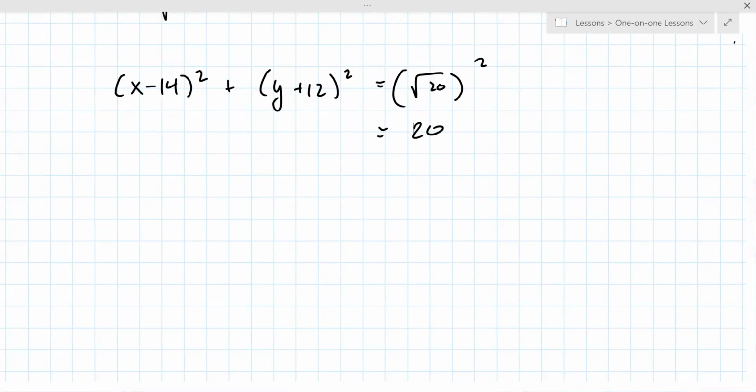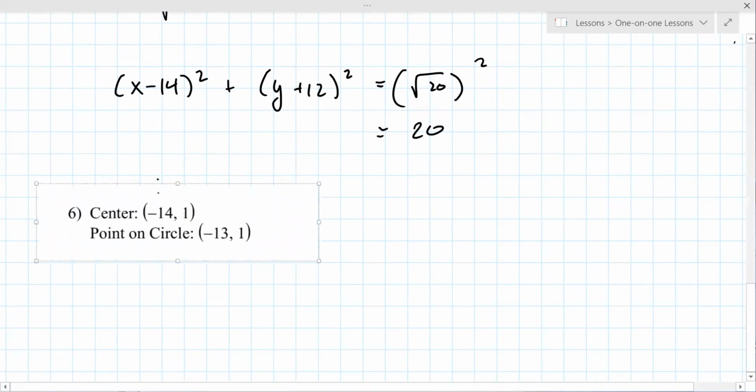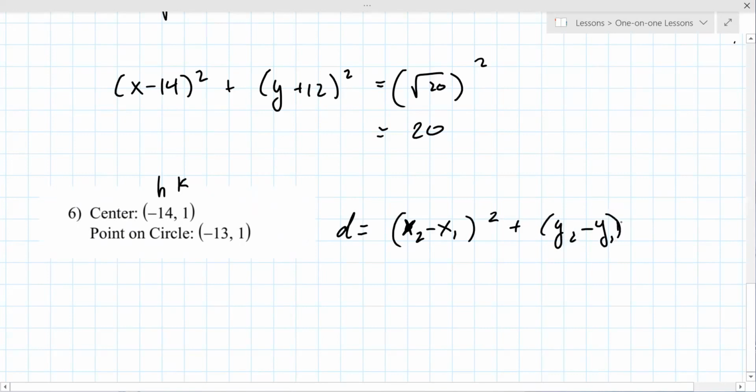The next problem here, number 6, is very similar. We have to find the distance between those 2 points. We have h and k, we have the point on the circle. So to find the distance, the distance formula again, maybe I'll do it more traditionally. The square root of (x2 minus x1) squared plus (y2 minus y1) squared. So I'm going to just, it doesn't matter again.